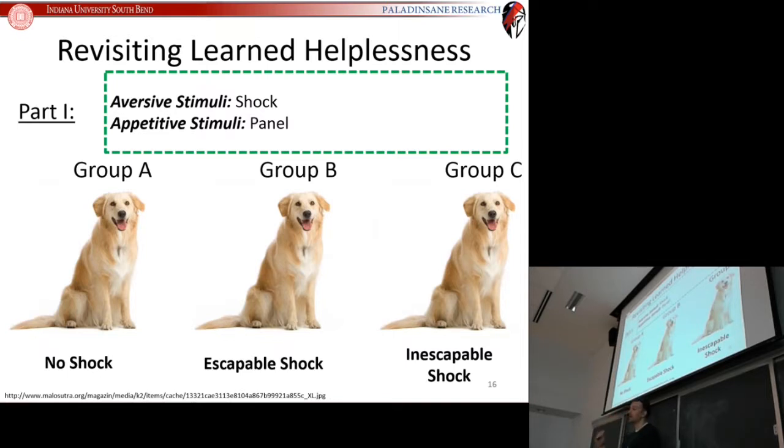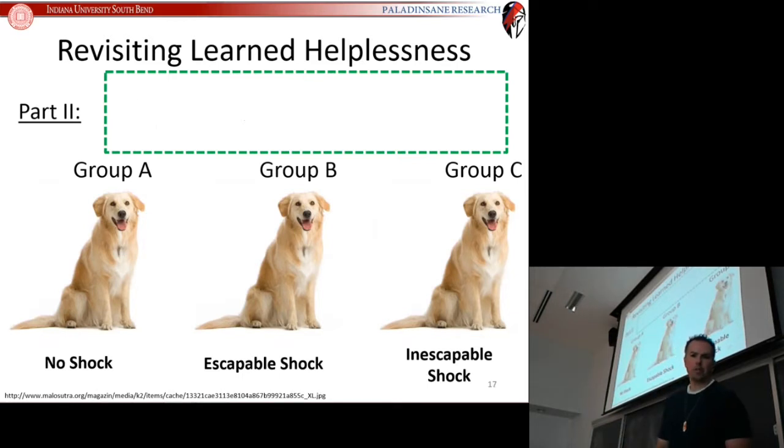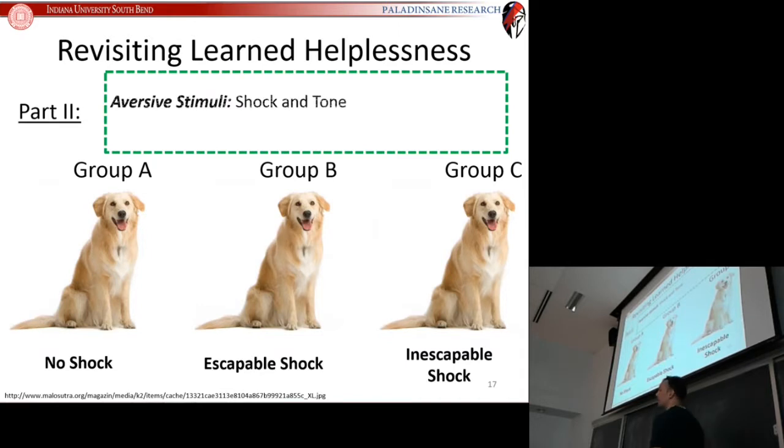So that panel was appetitive because they approached it. They actively sought it out. They actively came near to it. That's how we know that it's appetitive. For part 2, what was the aversive stimulus? The shock. So the shock was one. What was the other one? The tone. So we have the shock because they actively avoided the shock.